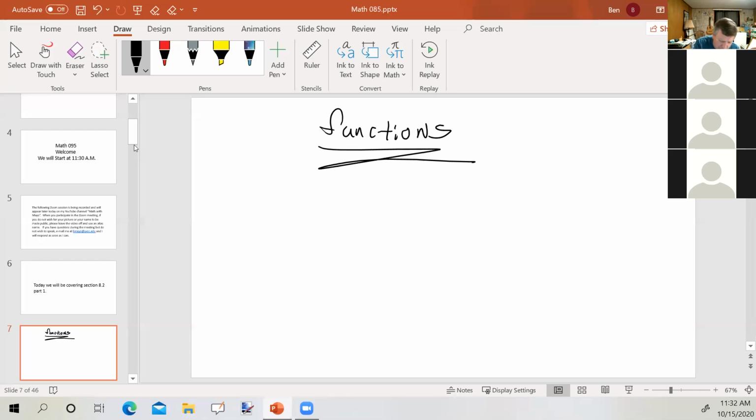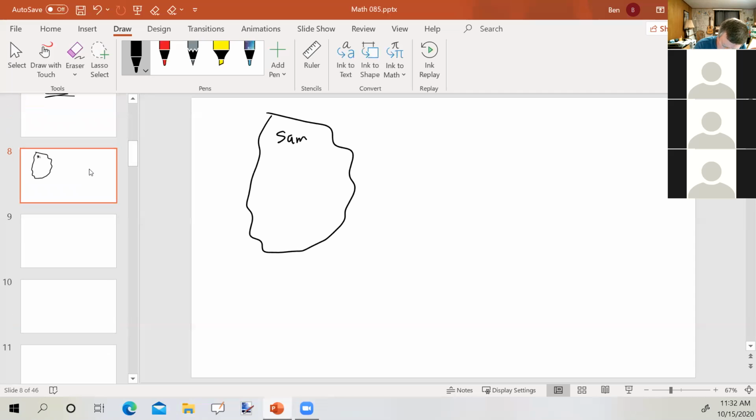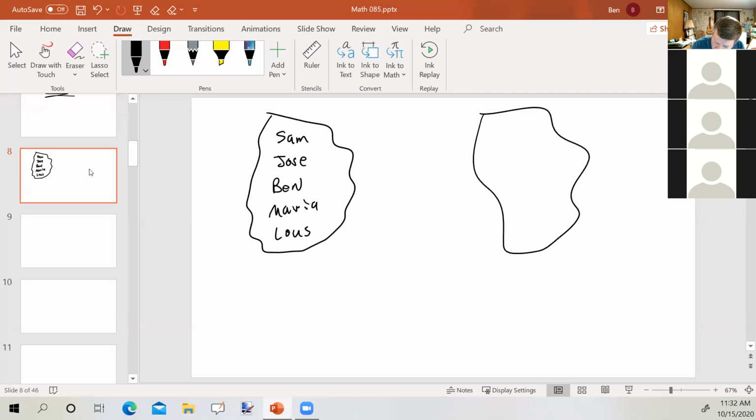And what I want to use for an illustration is I want to talk about people and their birthdays. Let's say we have a group of people, Sam, Jose, Ben, Maria, and Lois. Okay? And over here we have birthdays.